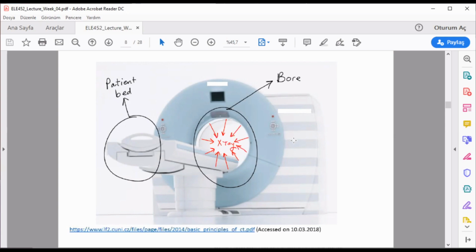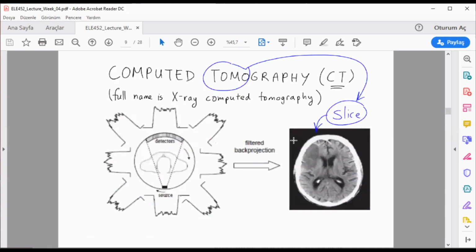All the data, an immense amount of data, are sent to the computer to process the X-ray CT data.